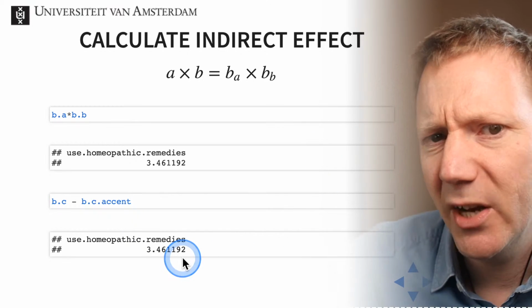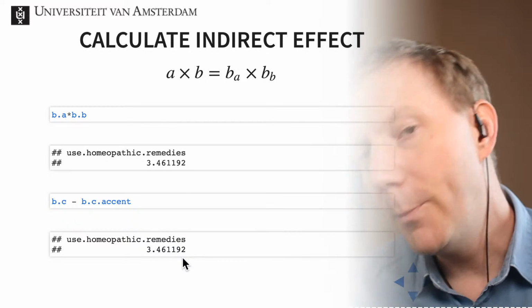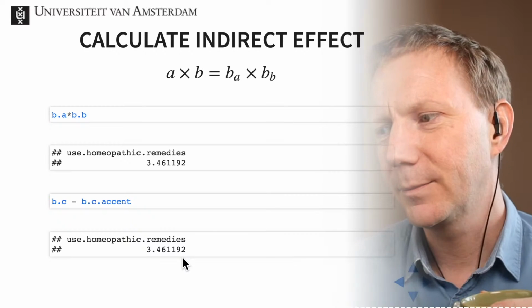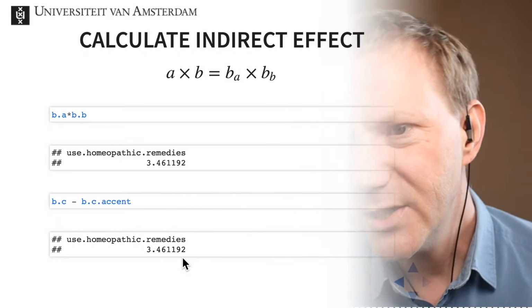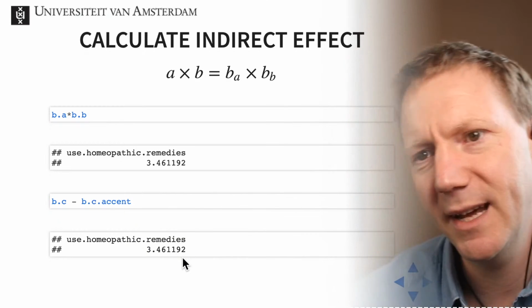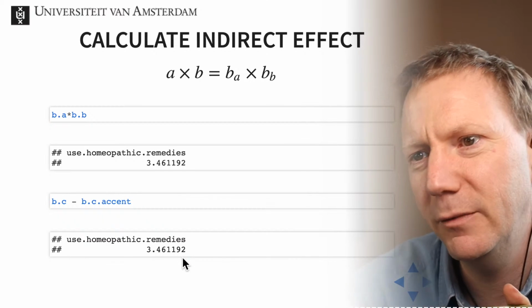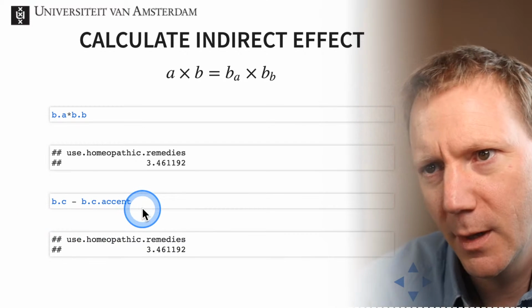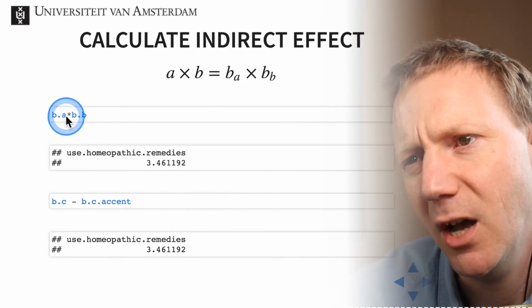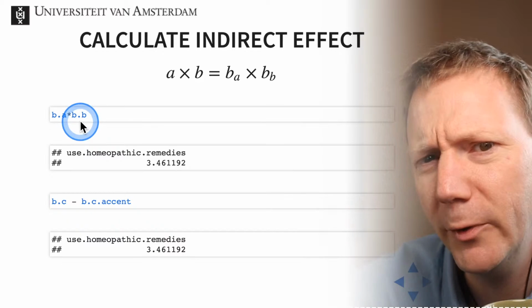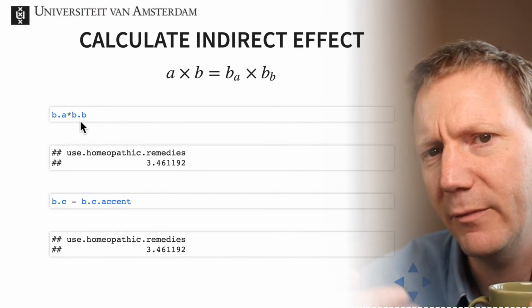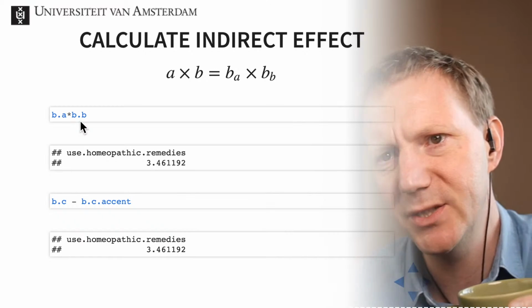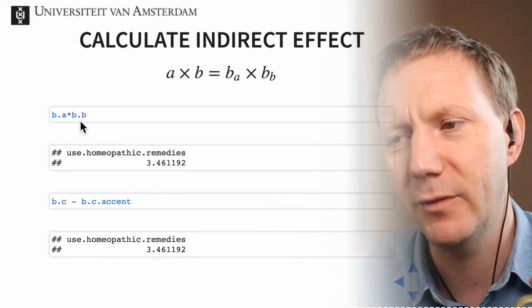And I find it generally a bit more logical to state that such an indirect effect would be this difference. Because this is a hard one to swallow, right? You have one regression model and a beta coefficient, and you have another regression model and a beta coefficient, and we have to multiply these two, and oh, well, that is the indirect effect.